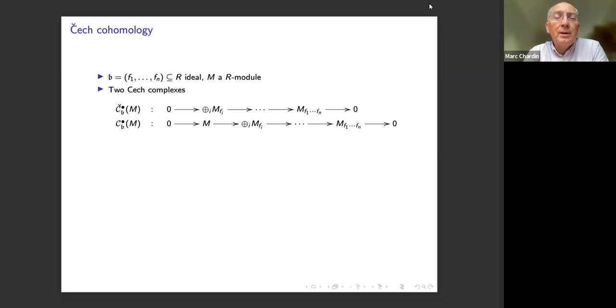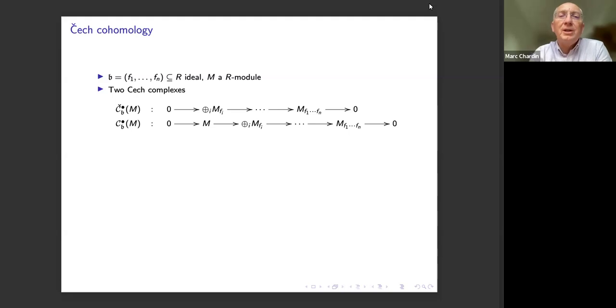The first one starts with the localization of M at the different generators of the ideal, and then goes to further and further localizations, where the maps are just the trivial maps, we send an element to itself, but with some signs that make this a complex. So that's a very classical construction.